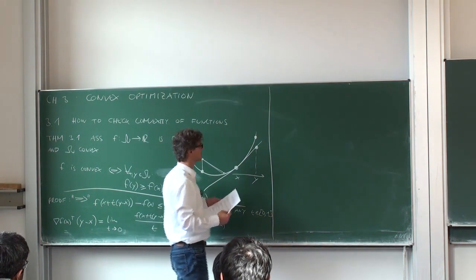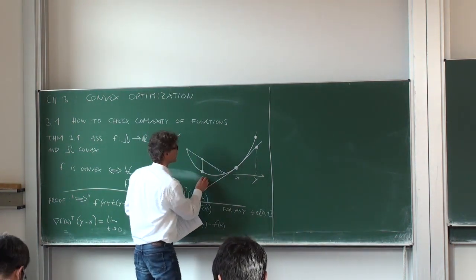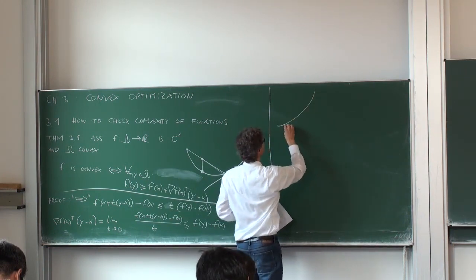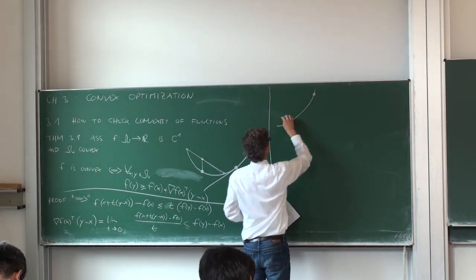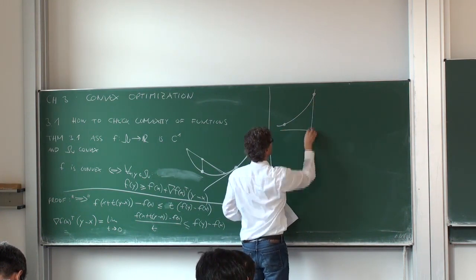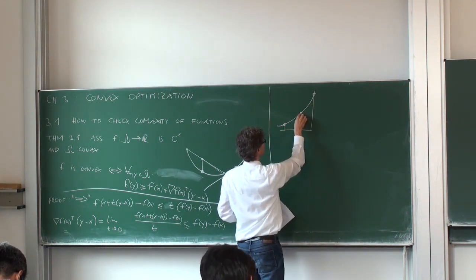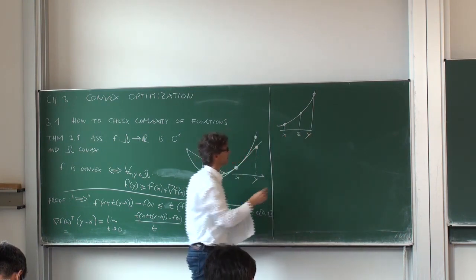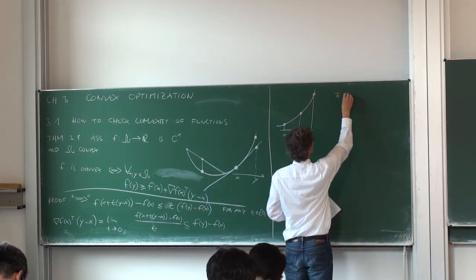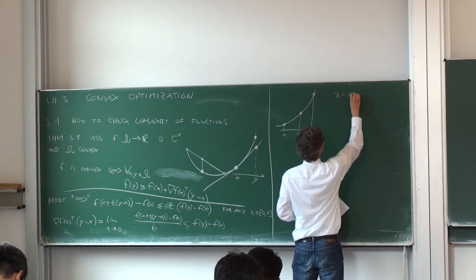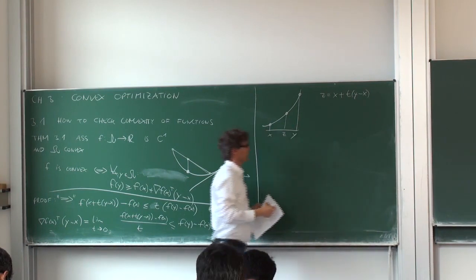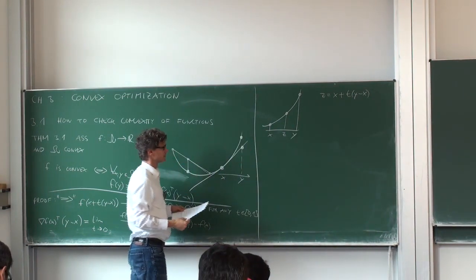So I call the point in the middle z. I do a new graph actually. That's maybe easier. So this is 3 points. One is in the middle. That is the z. This is the x, and this is the y. And z is actually a point which is x plus t times (y minus x).